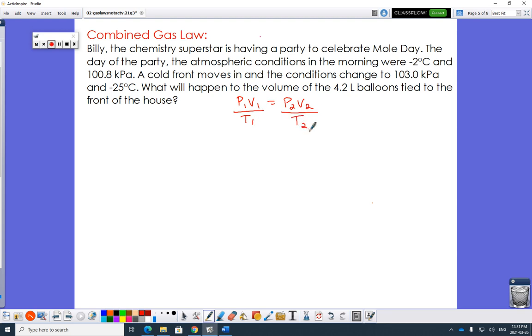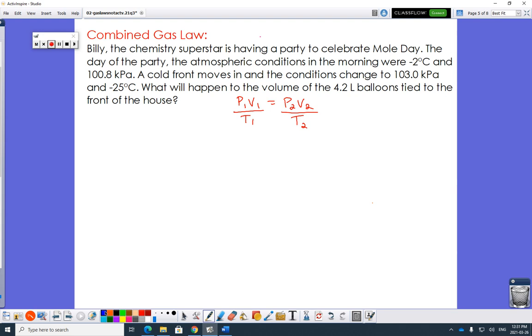So it takes into account the inverse relationship with pressure and volume and the direct relationship with pressure and temperature and volume and temperature. So a situation like this one, where it talks about atmospheric conditions, is a much more real world application. You're changing the pressure, temperature is going to change, and the amount of space it takes up is going to be different.